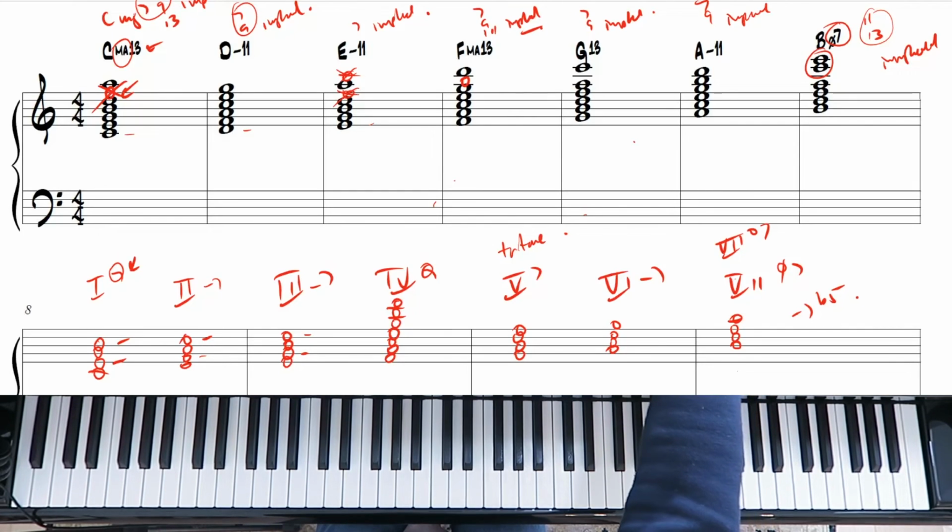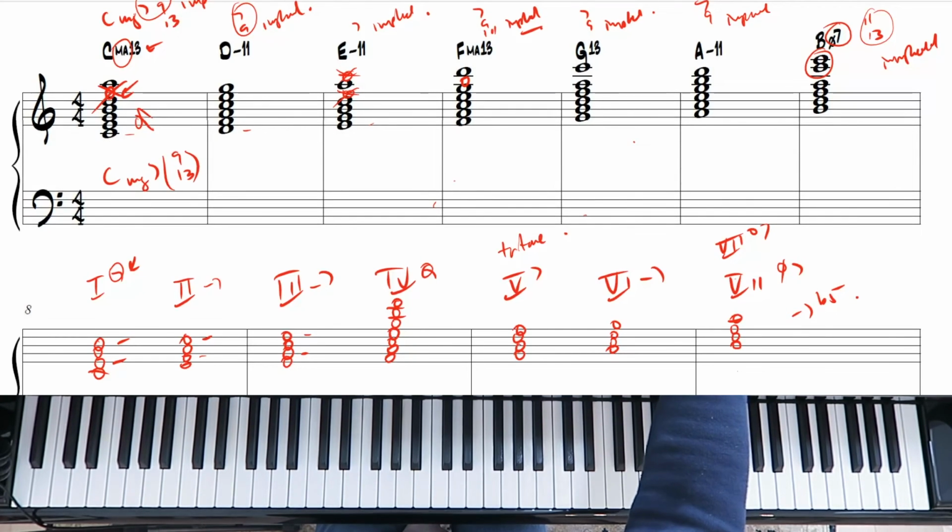For example, if we wrote every single extension that were available for the C major 13th chord, it would be a C major 7, 9, 13. And again, if you did that for every single chord symbol, you'd get a lot of numbers and notes and symbols on the page, and it just clutters things up. So certain notes are implied.